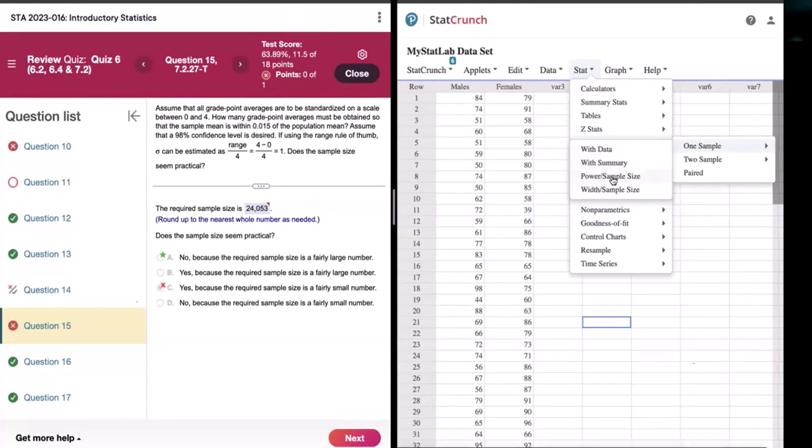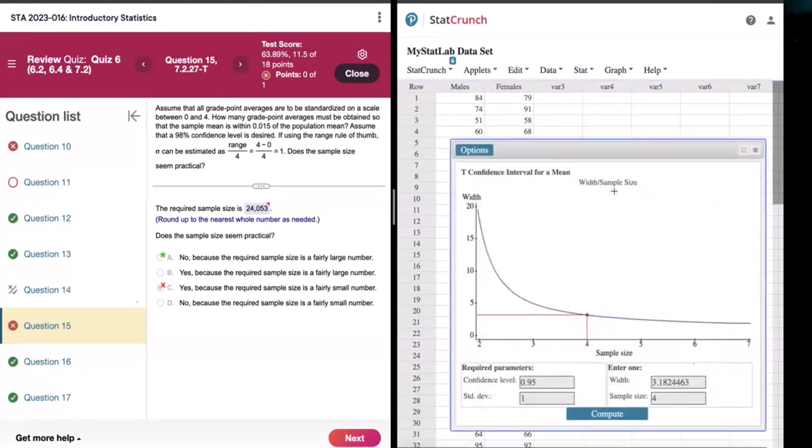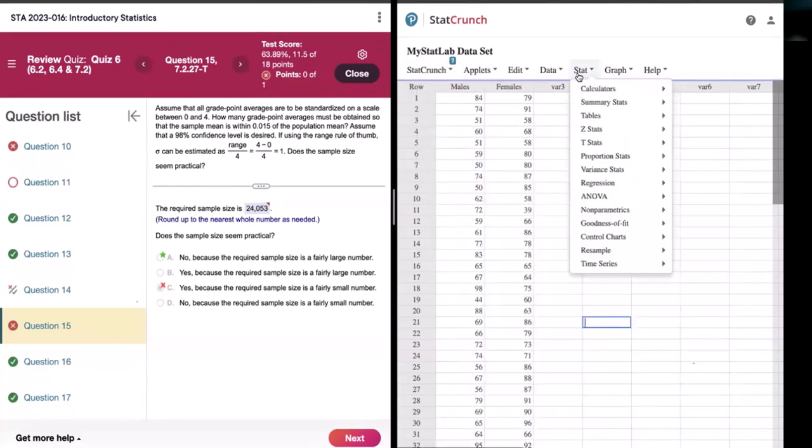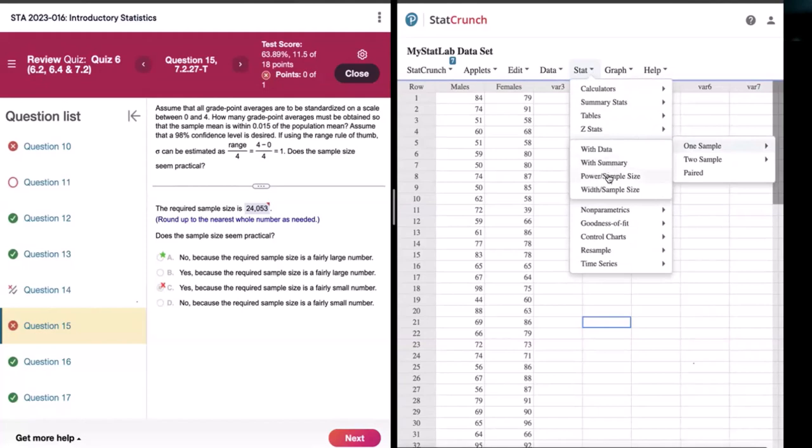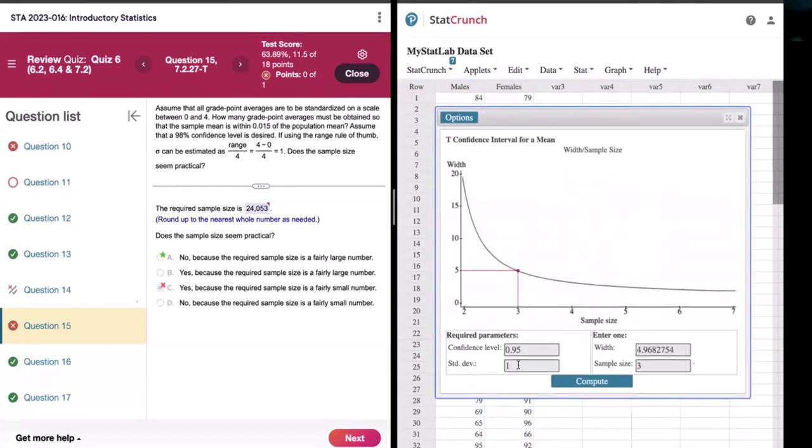This one, I think it's width. Yeah, okay, this is it. So you have to do width on this one. That's one I got right. Hold on a second, let me find it again. I think it was width. Let me just do it again. T-stat, one sample, width. We have a confidence interval of 98%. Okay.